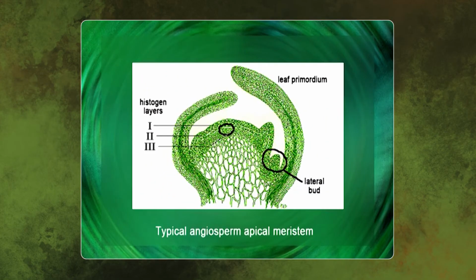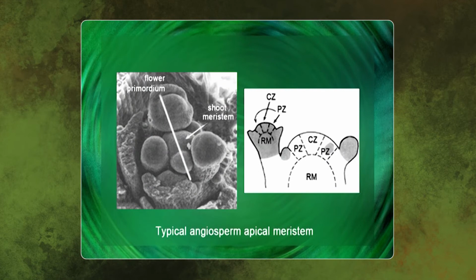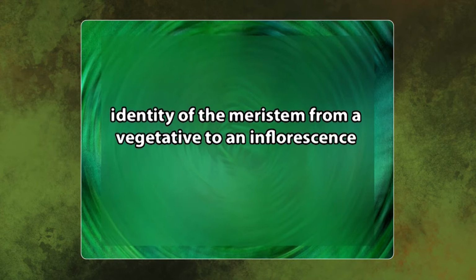During development of a plant, the apical meristem gives rise to all of the leaves and other parts of the plant. The plant will maintain its vegetative growth pattern until the apical meristem undergoes a change. This change actually alters the identity of the meristem from a vegetative to an inflorescence meristem. The inflorescence meristem produces small leaves before it next produces the floral meristem.